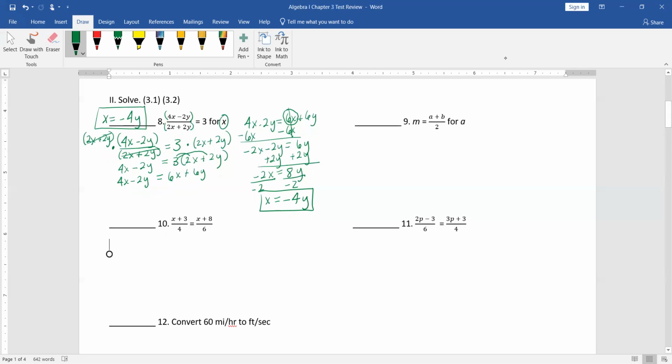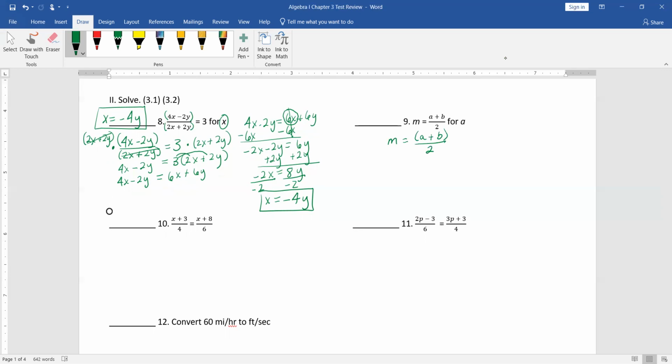Okay, so number 9, we have m equals a plus b divided by 2, and we need to solve it for a. So again, anytime that you have an expression in a numerator, you need to treat that like it's in parentheses. That's understood parentheses there.